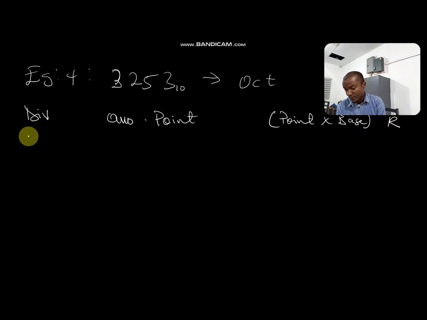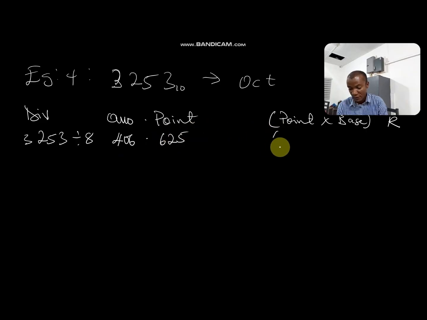So 3253 divided by the base, which is 8, I'll get 406.625. To get the remainder, 0.625 times the base, and the base is 8, and this will give me remainder 5.